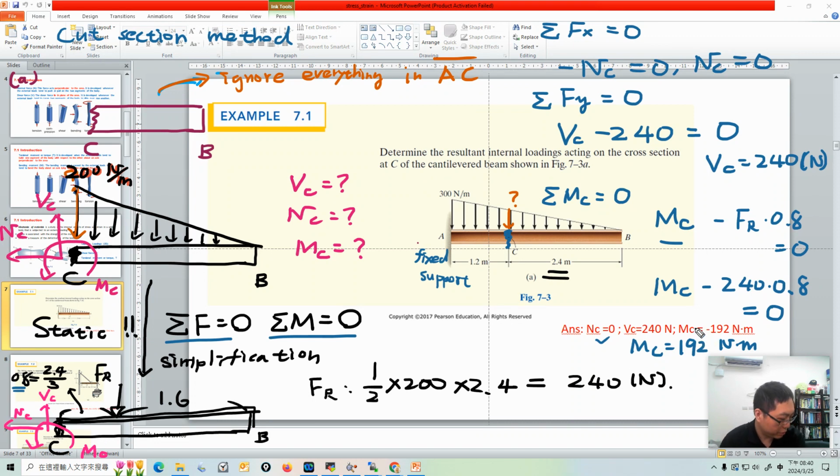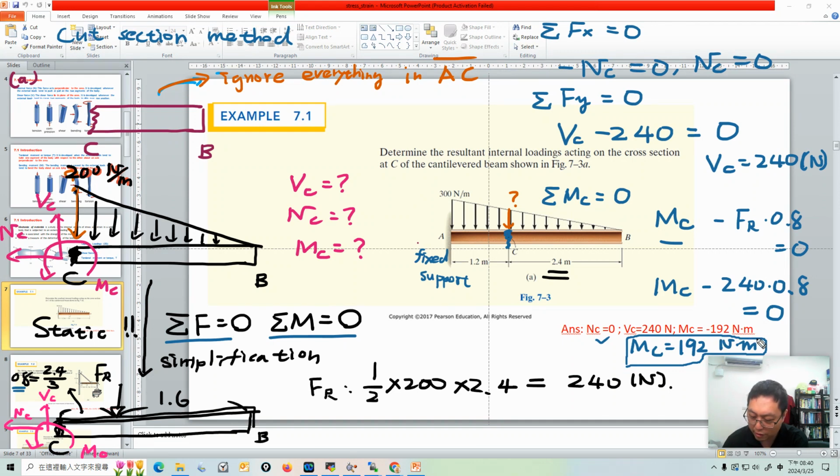Let me check what's going on here. Okay, this answer is correct. The answer in the PowerPoint is minus 192 Newton times meter.